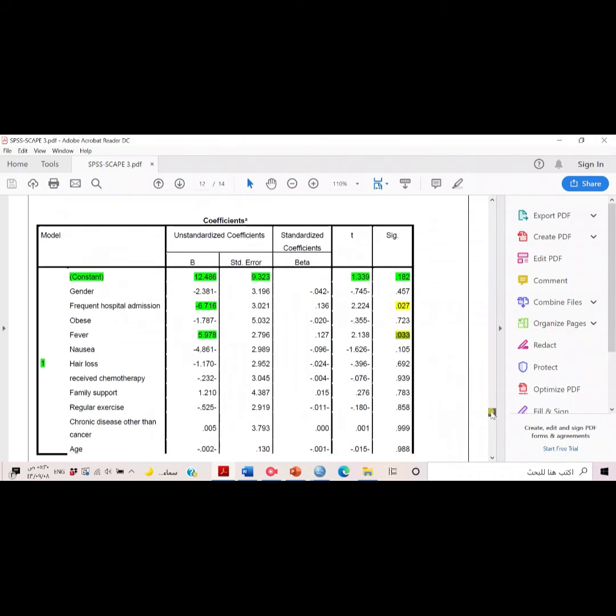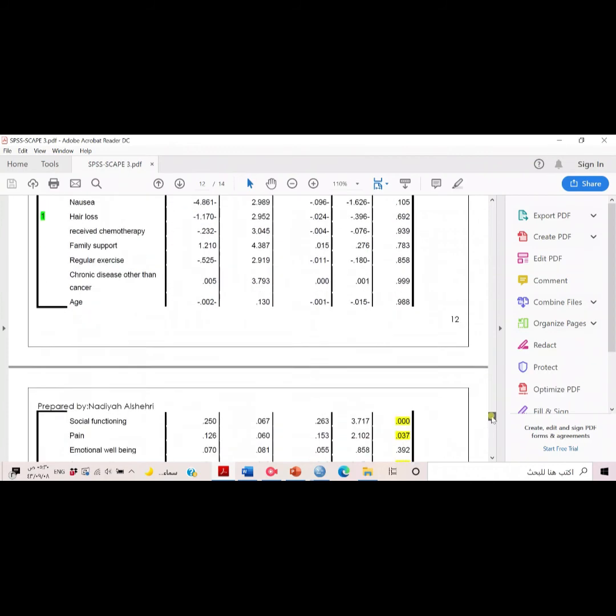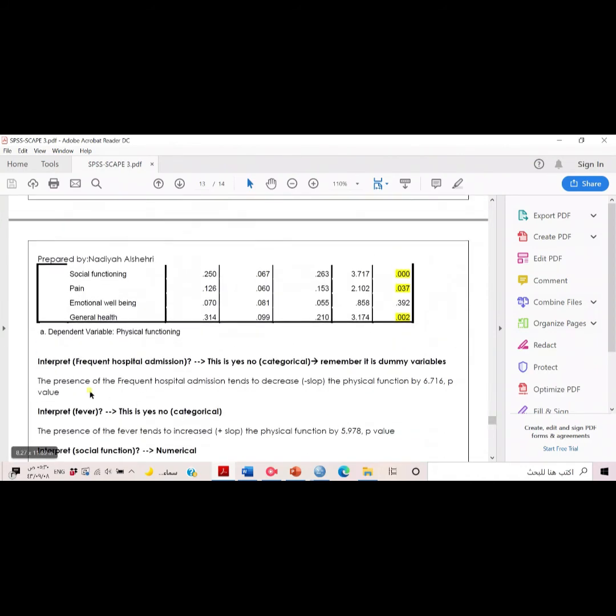First of all, I will flag or highlight the significance. Let's see the first one. It's frequent hospital admission. How can I make the interpretation for frequent hospital admission?